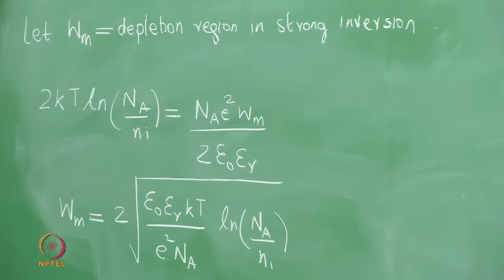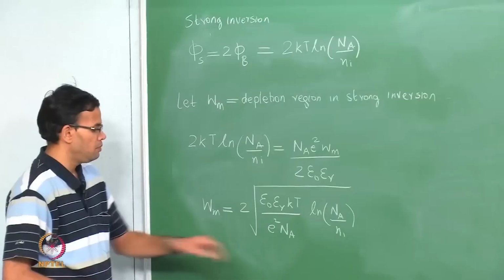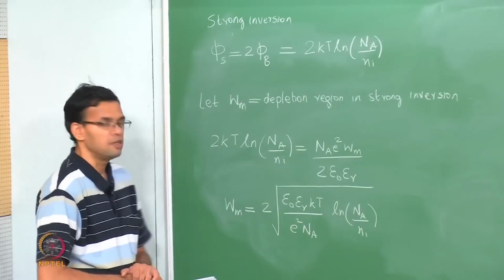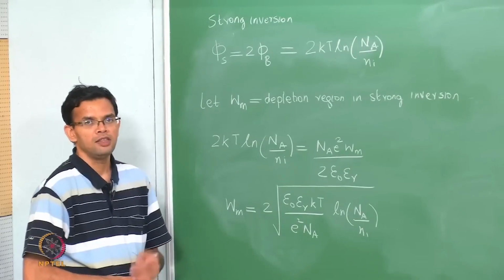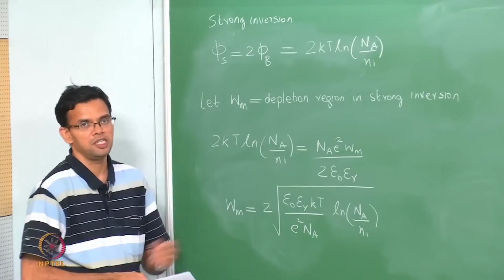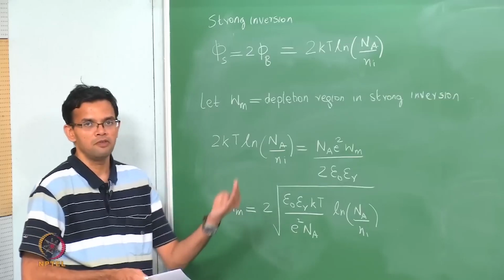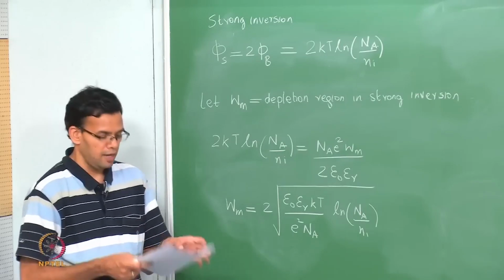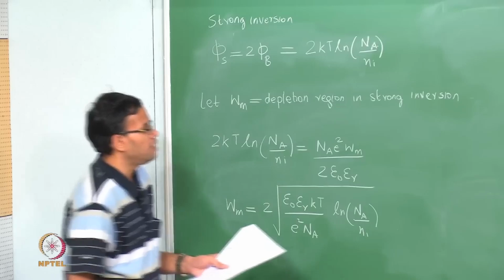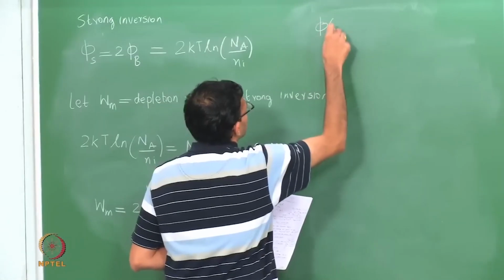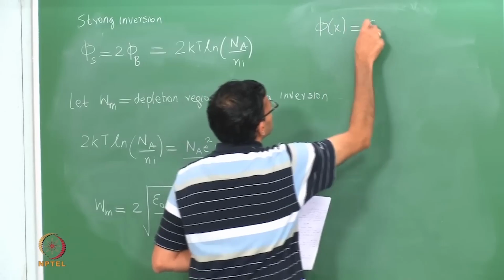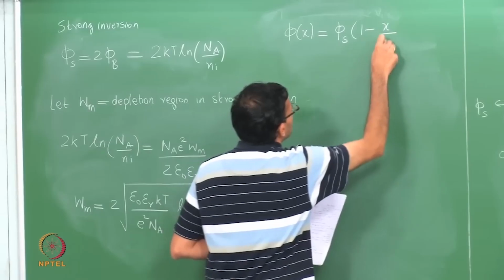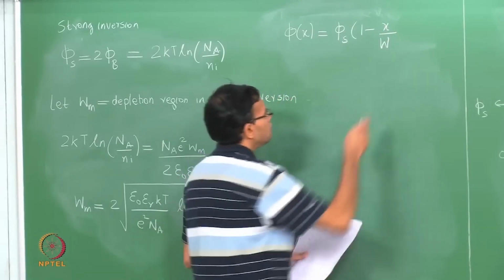So, the total width when we have strong inversion, and this is related to the concentration of acceptors within the material. We also wanted to find the width of the inversion region. The depletion region is both the inversion and the other region where we have P greater than N but less than Na. In order to do that, we start with this expression psi of x minus x, and now I am looking at a condition of strong inversion.